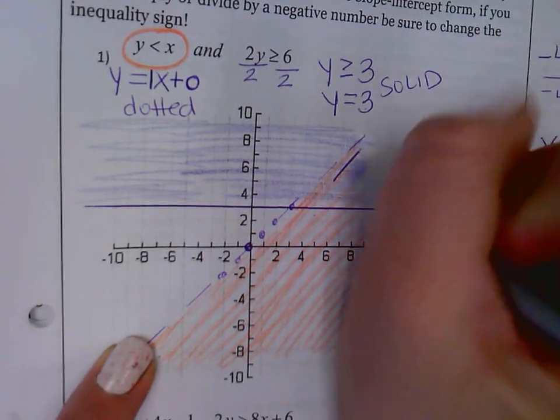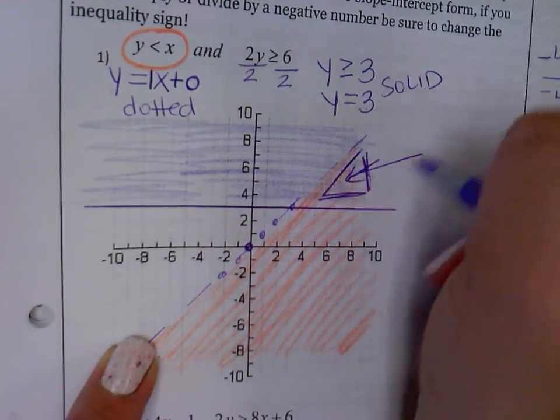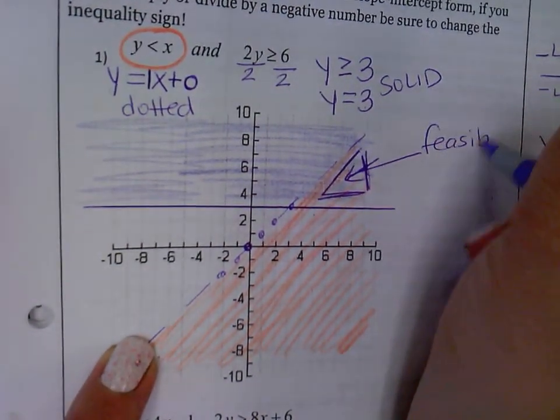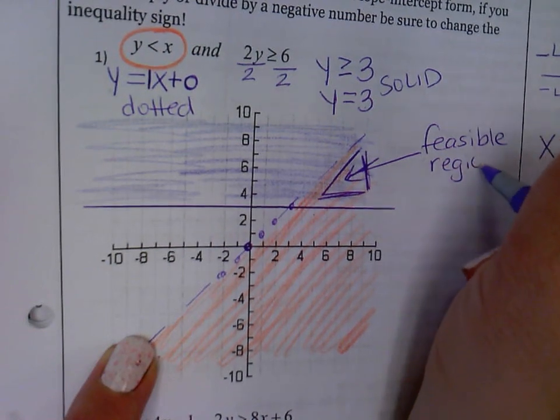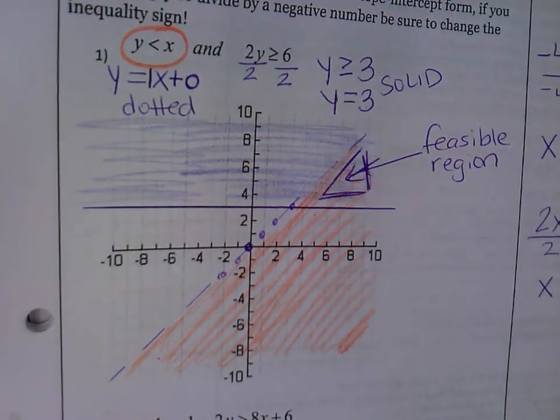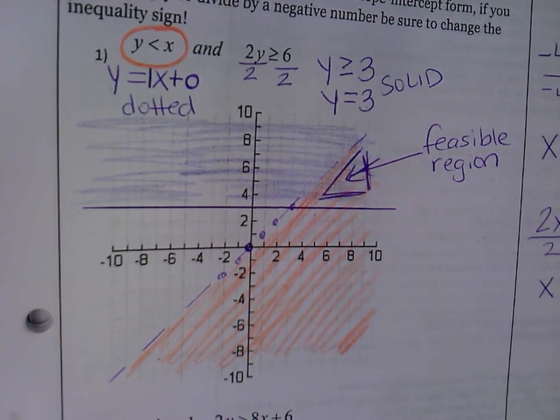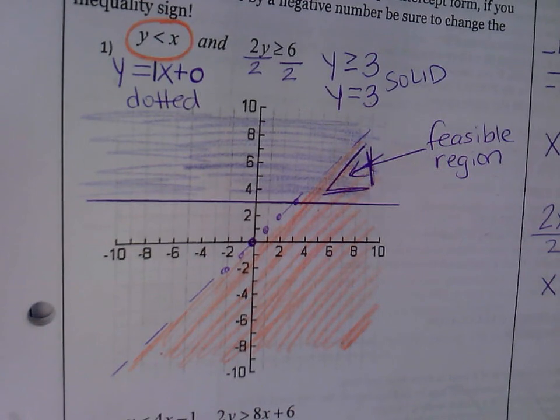So I'm going to say that that is the feasible region or solution region, however you want to call it. But on the test, it'll say in the directions, make sure to indicate the feasible region. And if you have no idea what feasible means, it just means the solution. Did we get there on that one? Kind of makes sense?